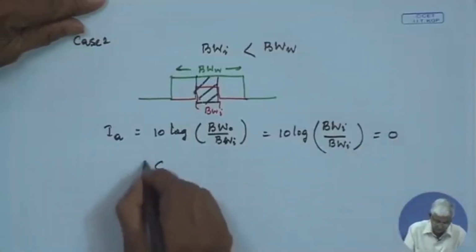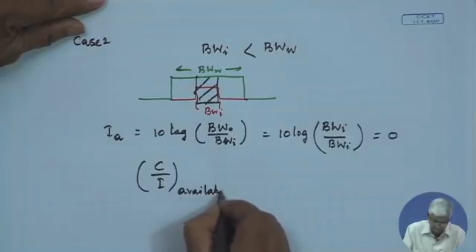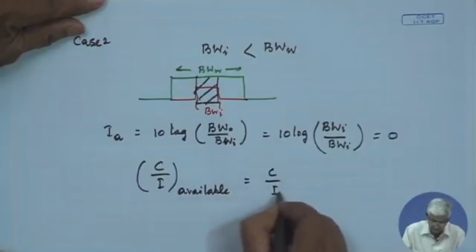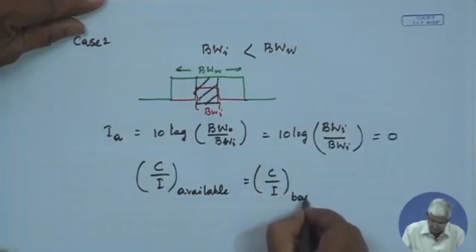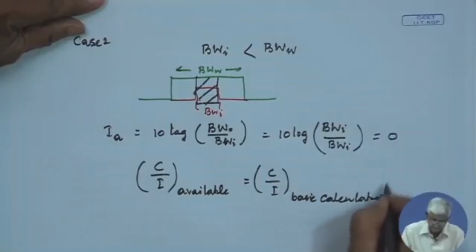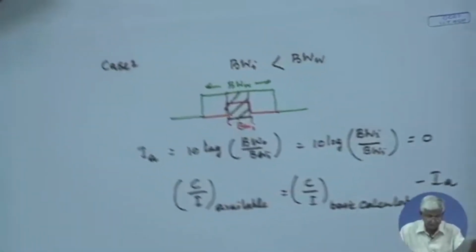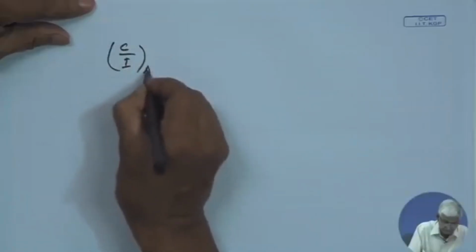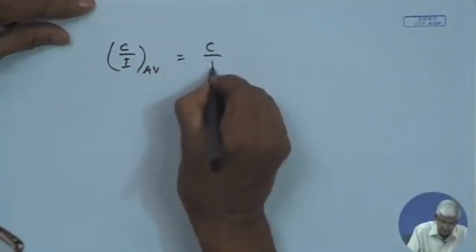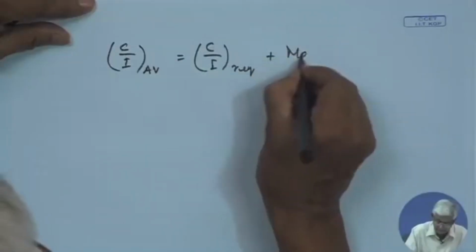So, C by I available is C by I basic calculated minus the interference adjustment factor in dB. So, C by I available is equal to C by I required plus margin.